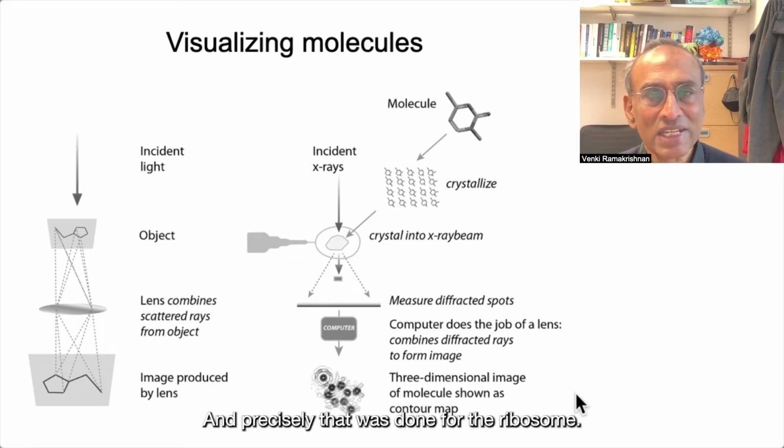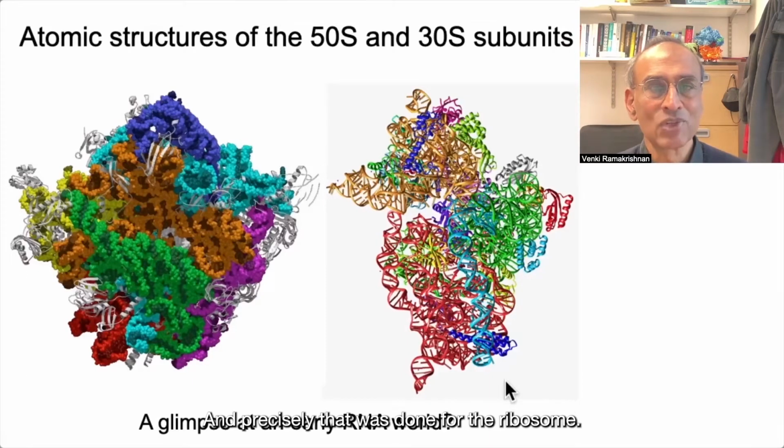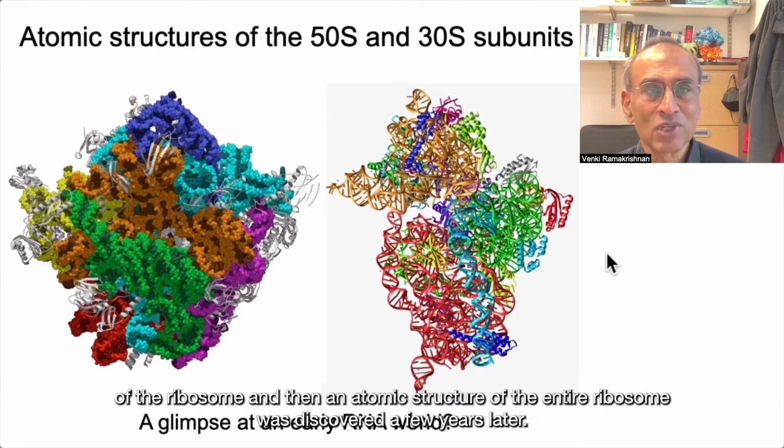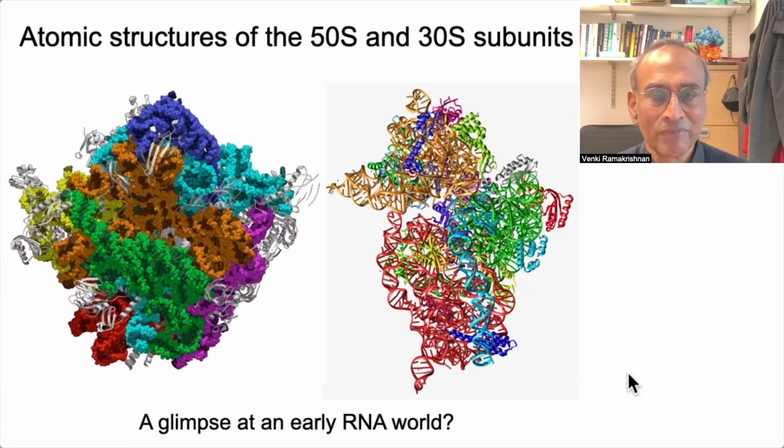And precisely that was done for the ribosome. So in 2000, which is now astonishingly 22 years ago, there were structures of both the large and small subunit of the ribosome, and then an atomic structure of the entire ribosome was discovered a few years later.